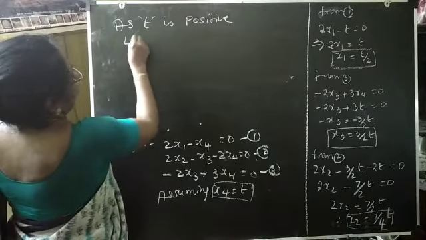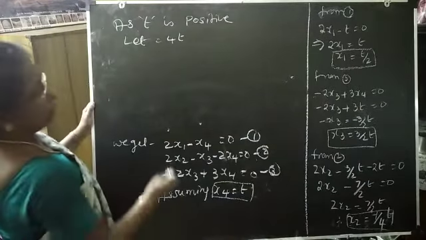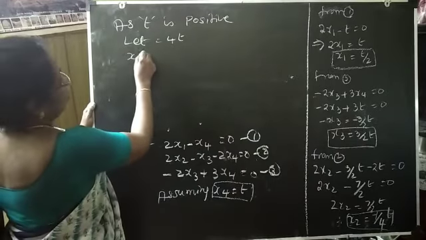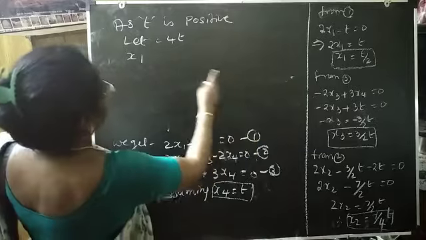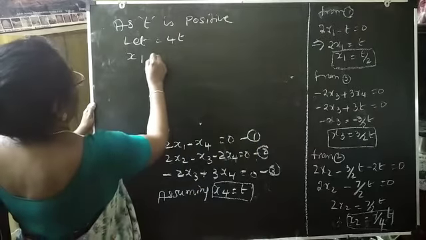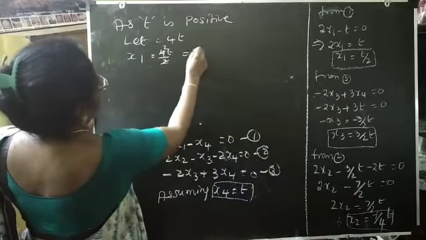Let us assume that t is equal to 4t. So we are going to get here x1 value is going to be 4t divided by 2, that is 2t.